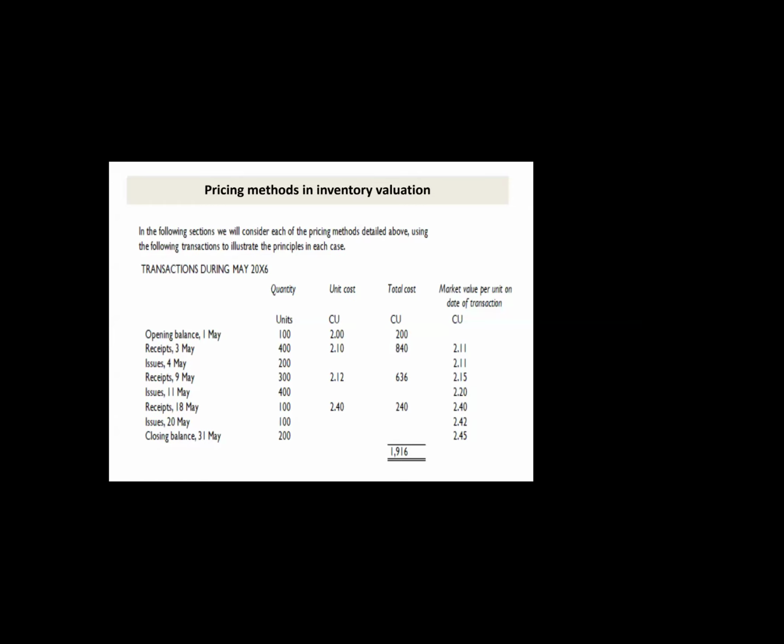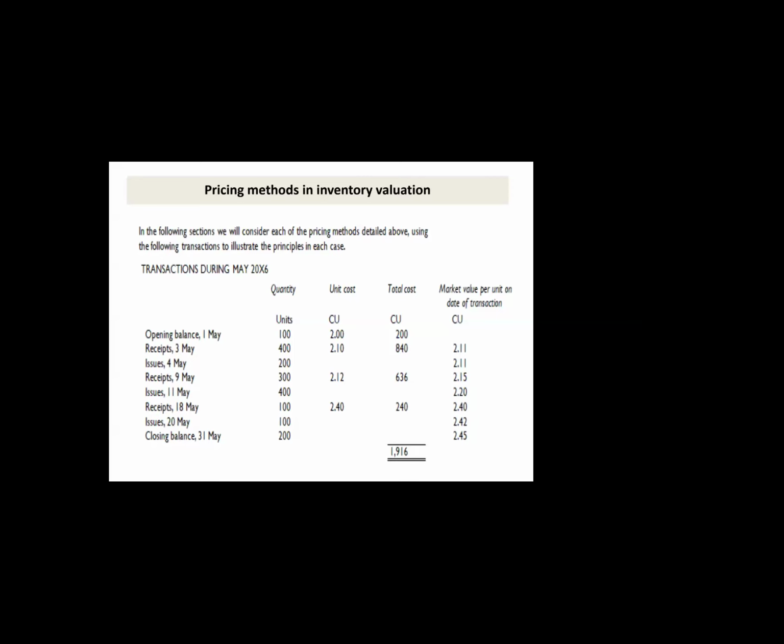Again, on 18 May, we received 100 at the rate of 2.40. And 20th May, so we have 300 in inventory, 100 at 2.40, 100 at 2.10, 100 at the rate of 2.